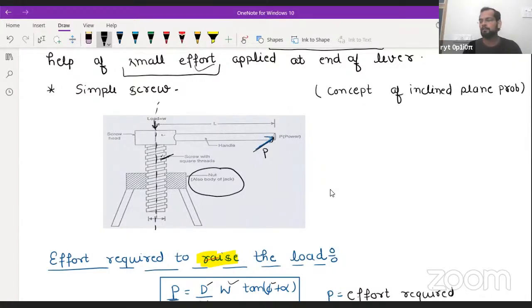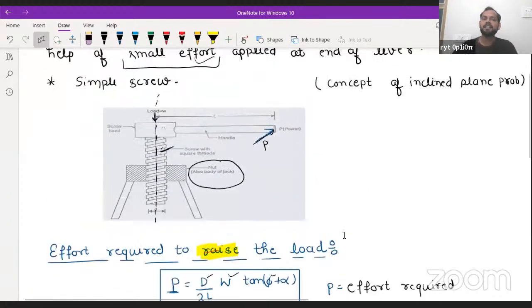Can anybody tell me what should be the expression? P into L. Very good, Kiran.